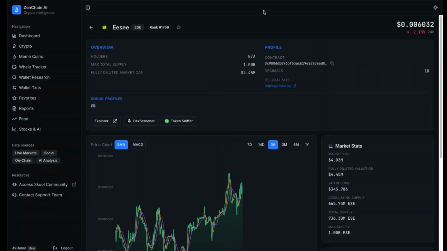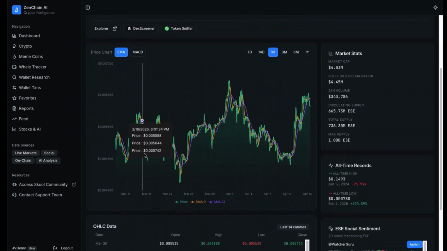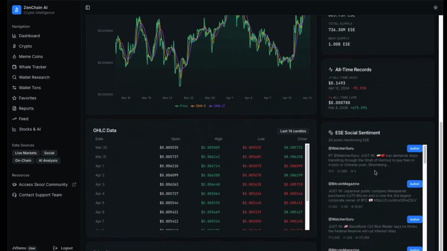This is where sentiment analysis comes in. Instead of guessing, you let AI do the heavy lifting. ZenChain AI scans social platforms, blockchain transactions, and whale wallets in real time. It compiles all that data into clear sentiment scores: bullish, bearish, or neutral.